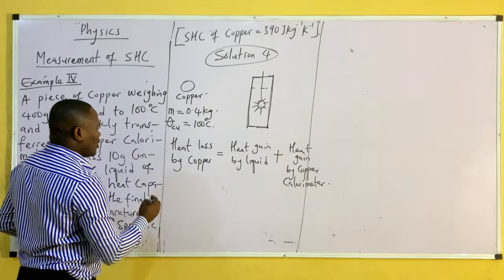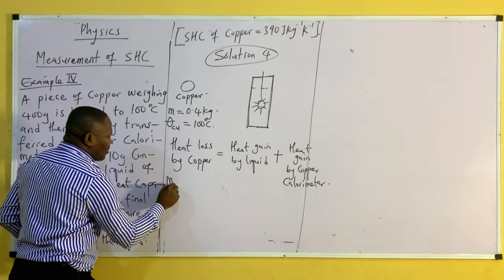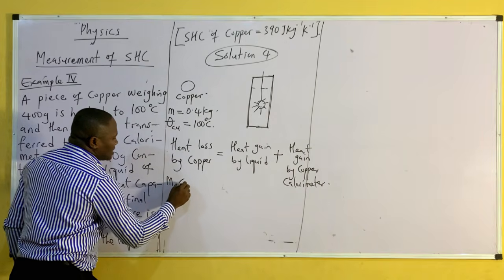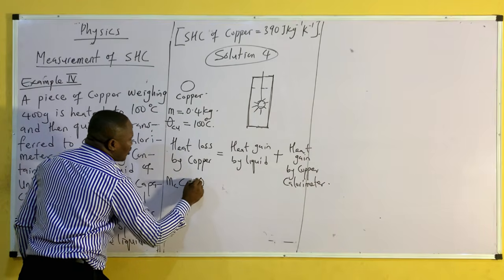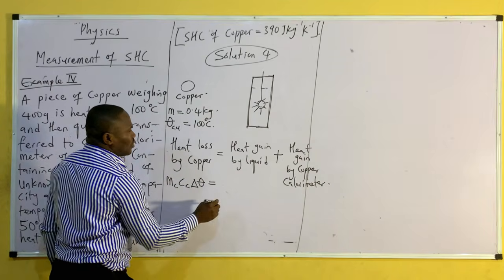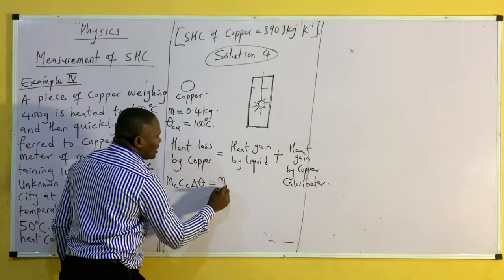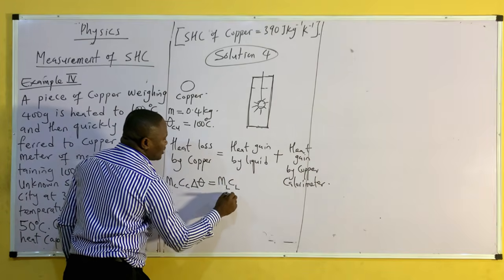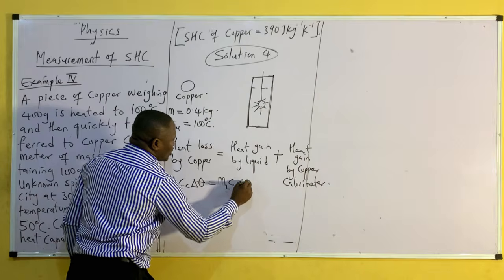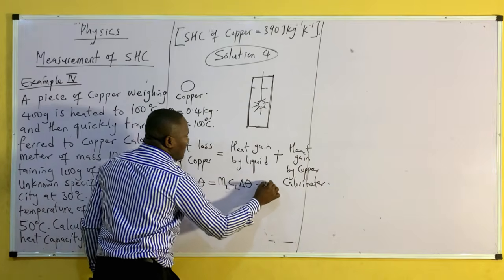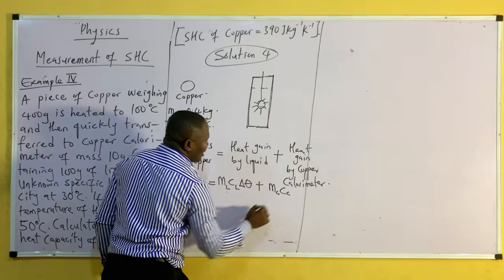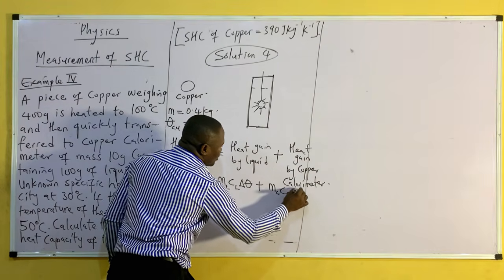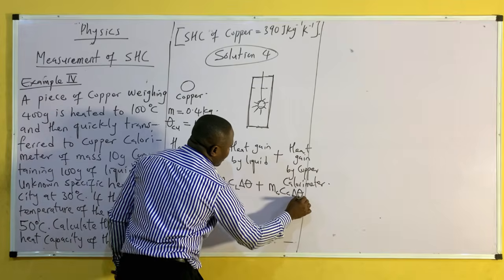Now, this becomes mass of copper, specific heat capacity of copper, and change in temperature of copper is equal to mass of liquid, specific heat capacity of liquid, temperature change of liquid, plus mass of calorimeter, specific heat capacity of calorimeter, times temperature change of calorimeter.